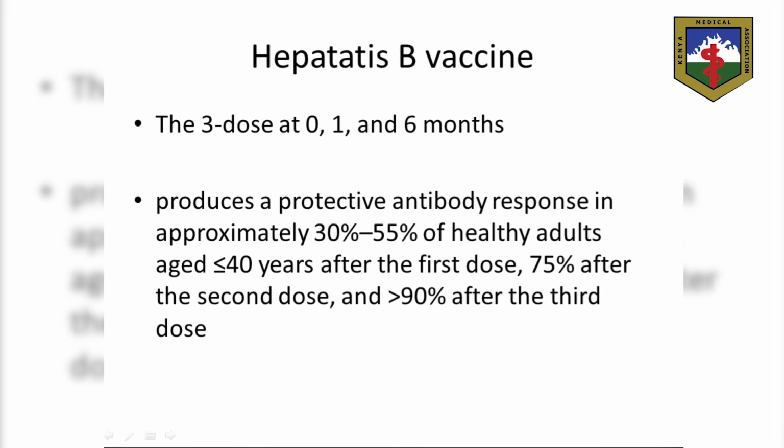Then the second dose gives you a protection of up to 75%. And the final dose gives you protection against hepatitis B of over 90%. So it is important that we adhere to the protocol and guideline of vaccination against hepatitis B: 0, 1 month, and 6 months.